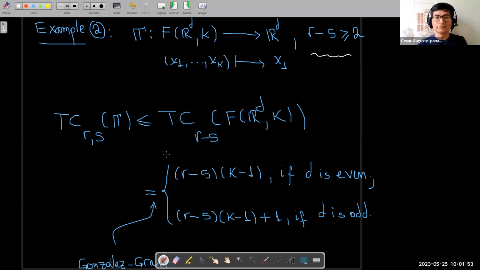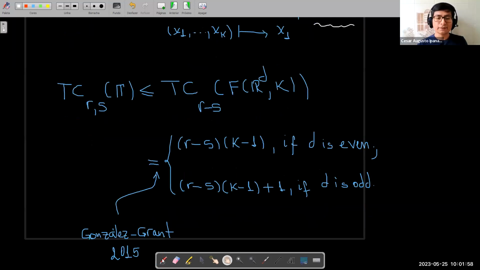Gonzalez and Grant show that this TC depends on the parity of the dimension of the Euclidean space, and is equal to this in this case.